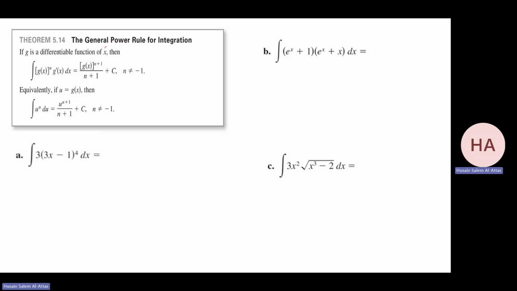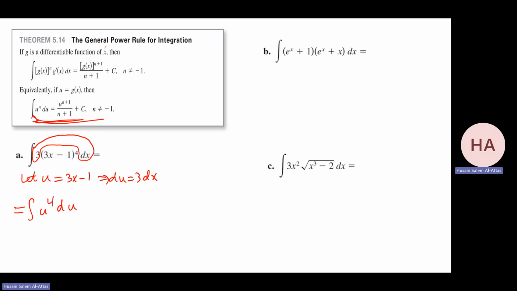Then you apply the antiderivative for u to the power n, which is u to the power n plus 1 over n plus 1. So in this one, I let u, the inner part of this composite function, be 3x minus 1. What will be du? It will be 3dx. So this is my du. So what I am getting is u to the power 4 du.